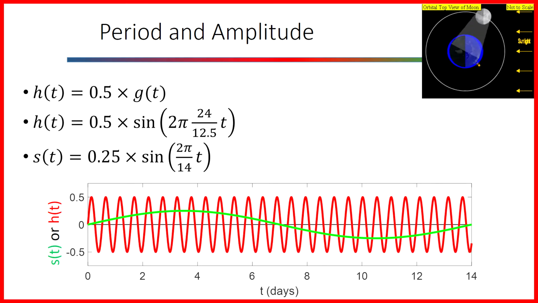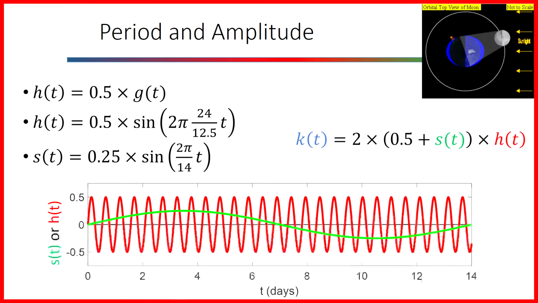During neap tides, what's actually happening is that the amplitude of the waves gets smaller, and during spring tides the amplitude gets bigger. So it makes sense to put the sun's impact into the overall function in the place of the amplitude. So I'm going to call our overall function for the tides k of t. In the new equation, I've multiplied h of t by a value of 2 times 0.5 plus s of t.